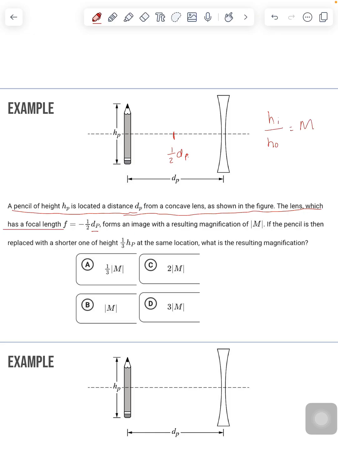This is equal to our magnification. Negative si over so is also equal to the magnification. So when it's located here at the current spot, we know that hi over ho needs to be equal to M.